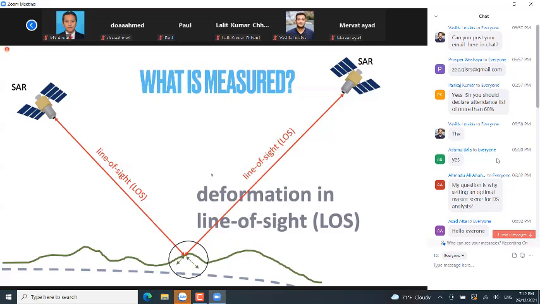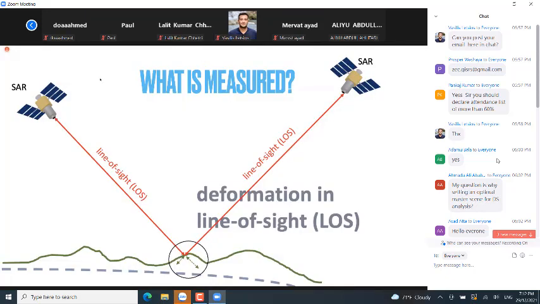Typically we say if a value is negative, the motion is normally defined as moving away from the sensor, and positive moving toward the sensor. Be careful, it's not always the case in all software packages, but I think nowadays it's a standard to define it like that.